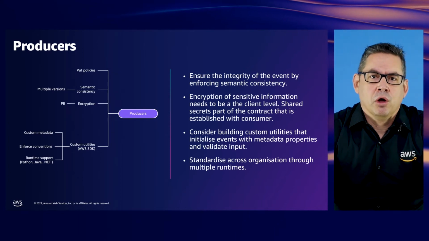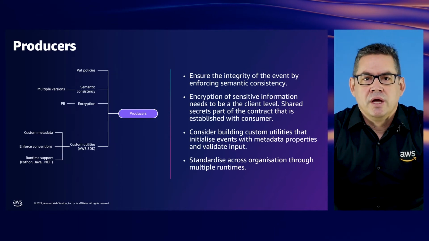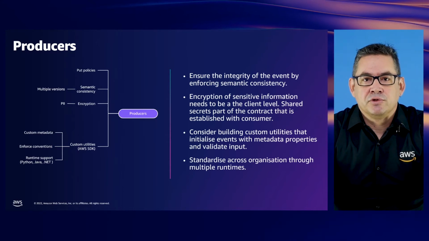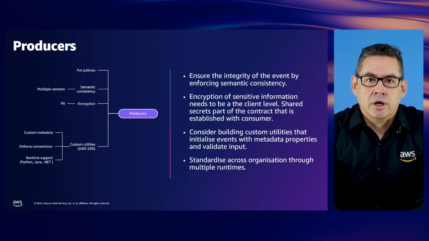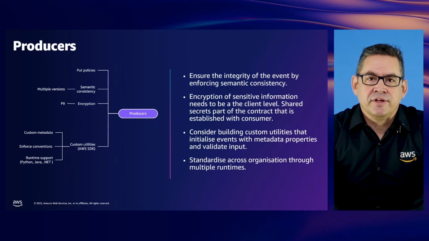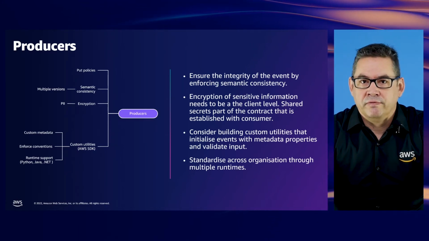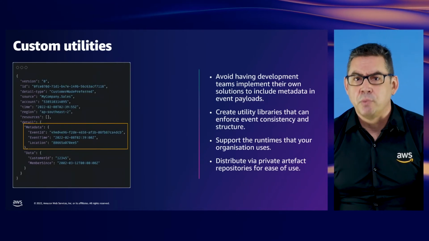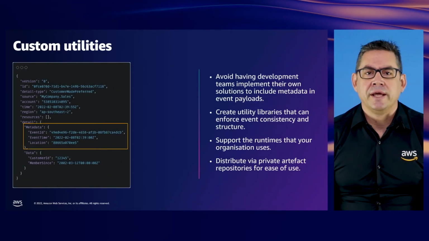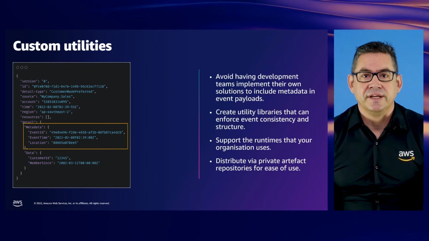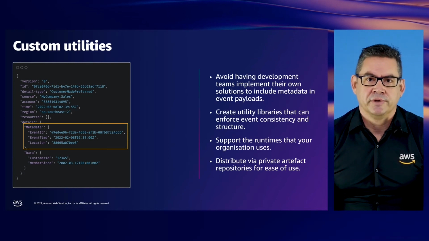Producers would need to know how to apply business rules, such as validation of event fields or enforcing naming conventions. And putting the responsibilities of implementing this on teams across your organisation seems to me prone to error and not very scalable. This is where you might want to think about creating reusable libraries and utilities that you can share across your development teams.